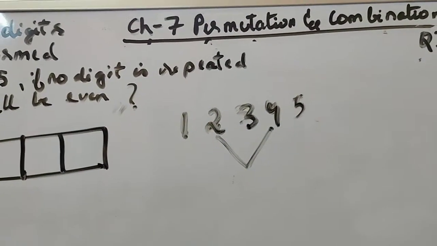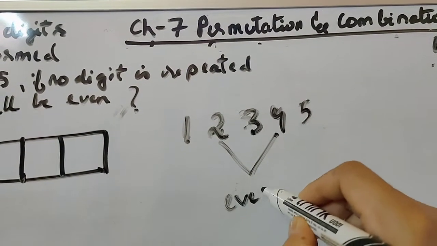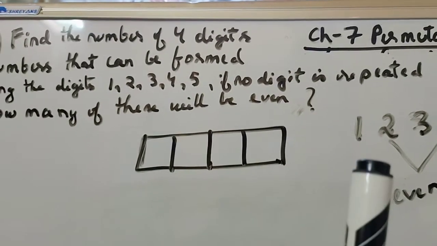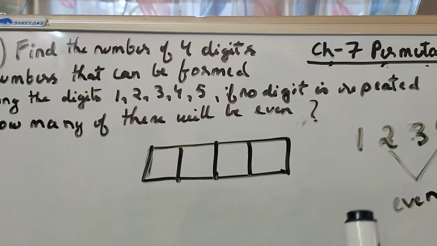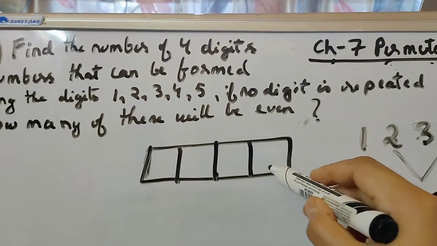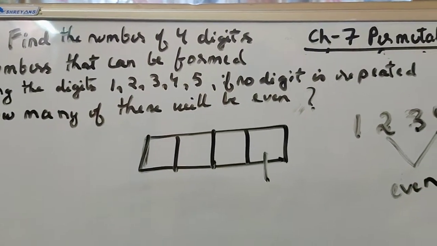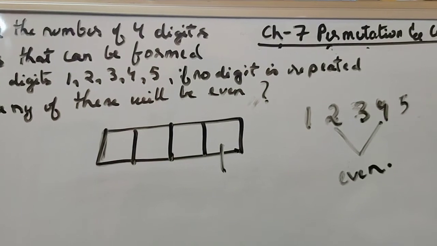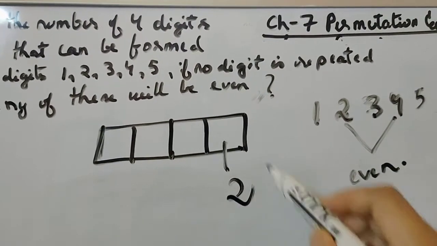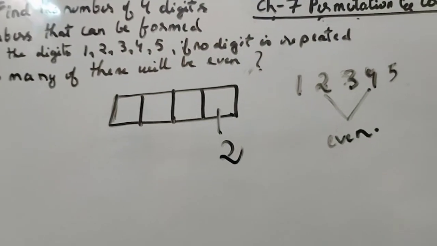Only 2 and 4 are your even numbers. That means we have to construct a 4-digit even number. Even number means the last place must end with an even number. So I have how many numbers? 2 numbers only, that is 2 and 4.